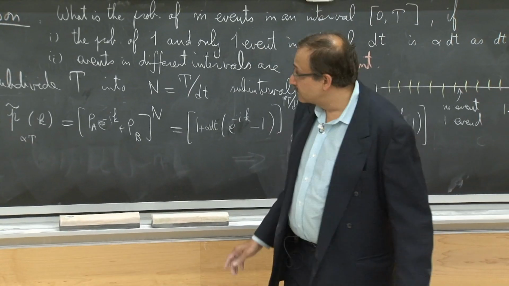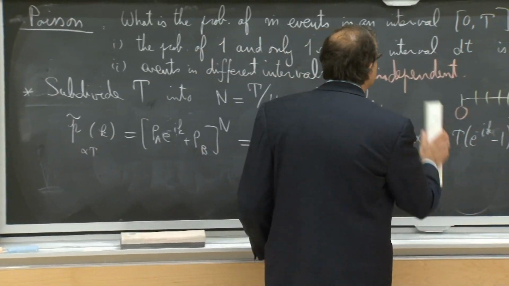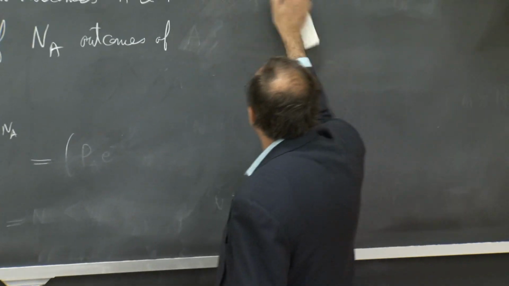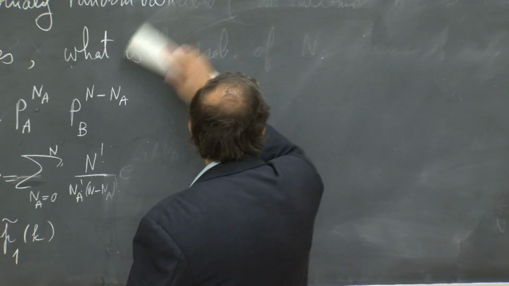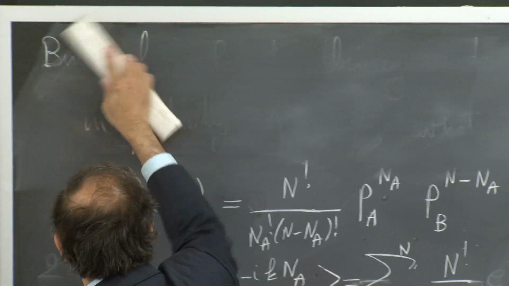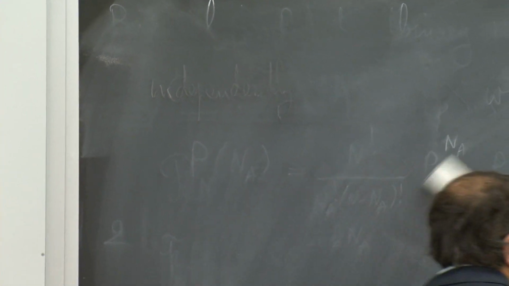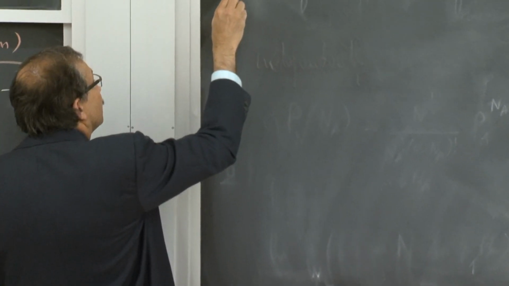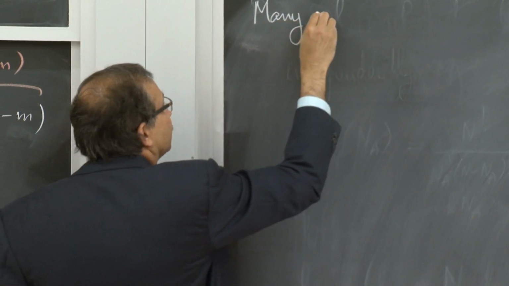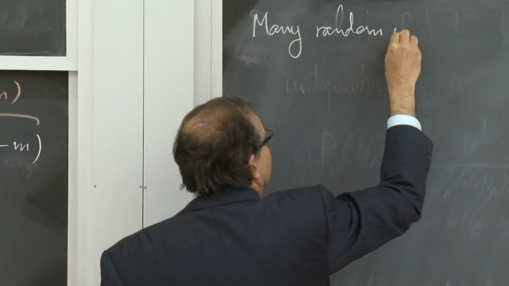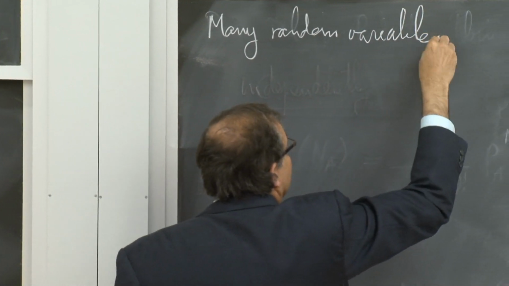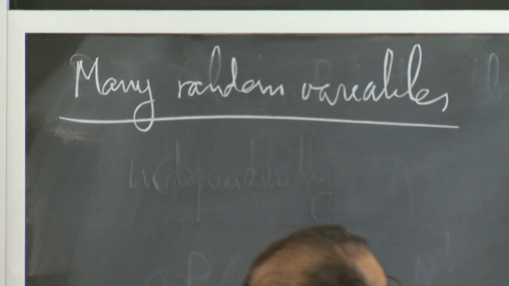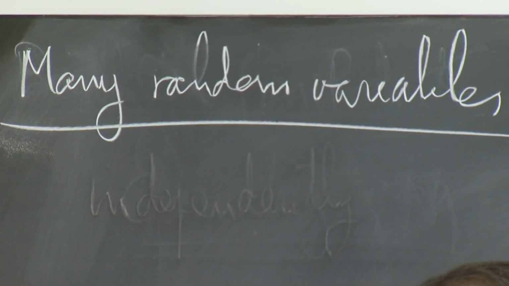All right, so that's what I wanted to say about one variable. Now let's go and look at corresponding definitions when you have multiple variables. So for many random variables, the set of possible outcomes, let's say, has variables x1, x2.